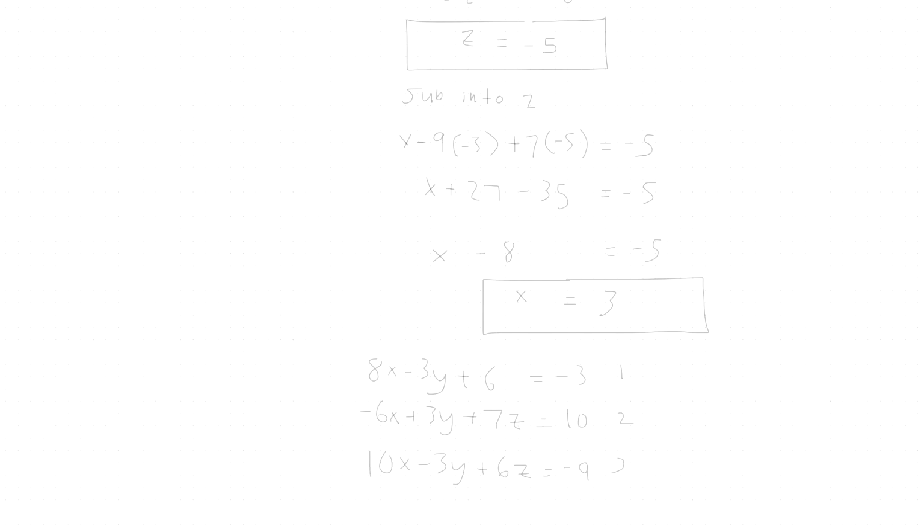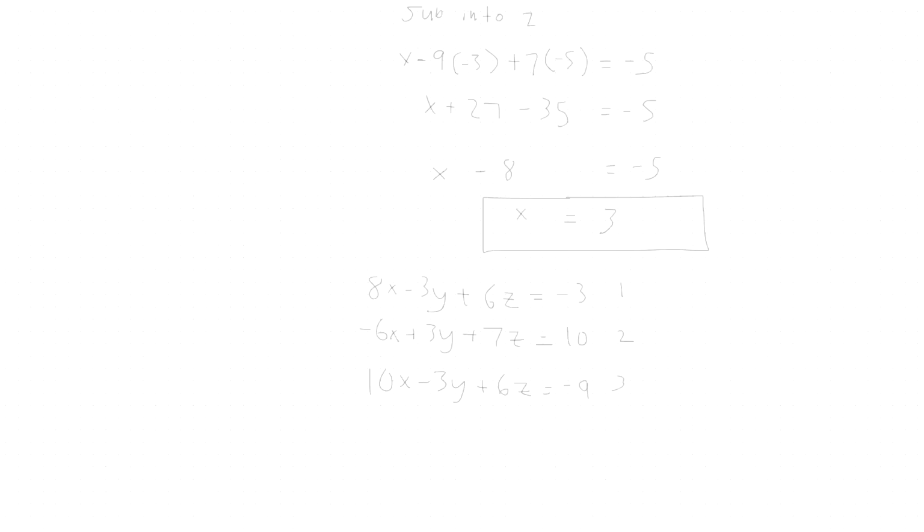Okay, which two equations can we add or subtract right away? Equation 1, 2. Are we going to add or subtract 1 and 2? Add. Yes, why?